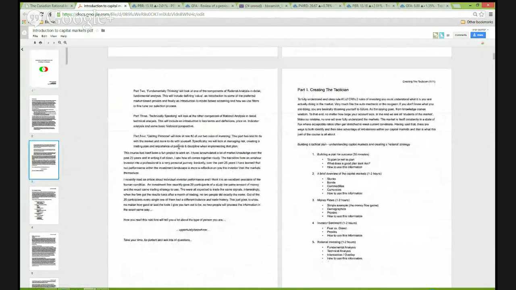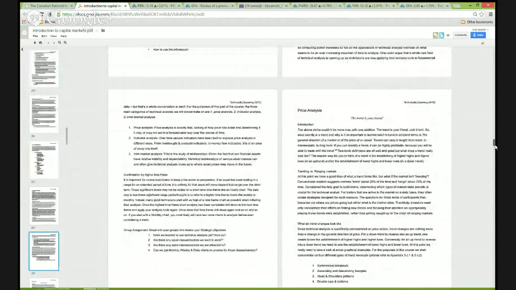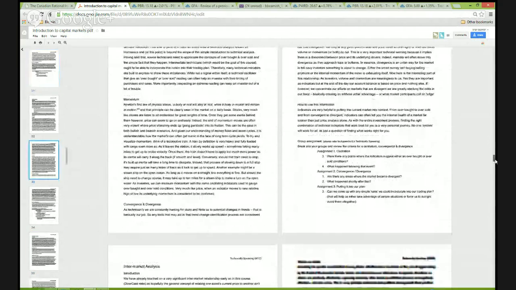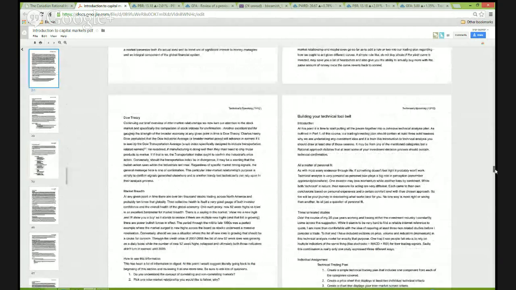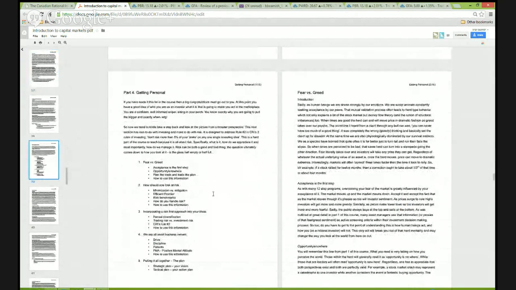So basically this section talks all about fear versus greed in the marketplace, how we should look at risk. Sometimes one person's risk is another person's potential home run. So the cliche that I like to use is opportunity is now here.